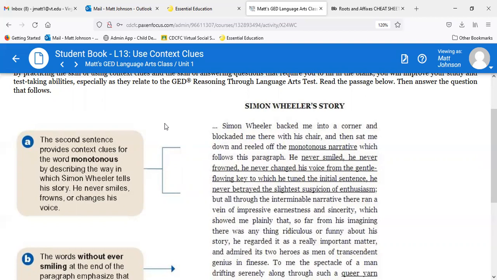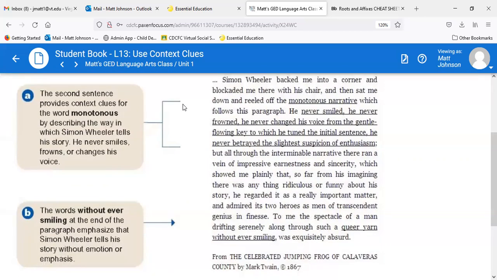So it says, Simon Wheeler backed me into a corner and blockaded me there with his chair, and then sat me down and reeled off the monotonous narrative which follows this paragraph. He never smiled, he never frowned, he never changed his voice from the gentle flowing key to which he tuned the initial sentence. He never betrayed the slightest suspicion of enthusiasm.